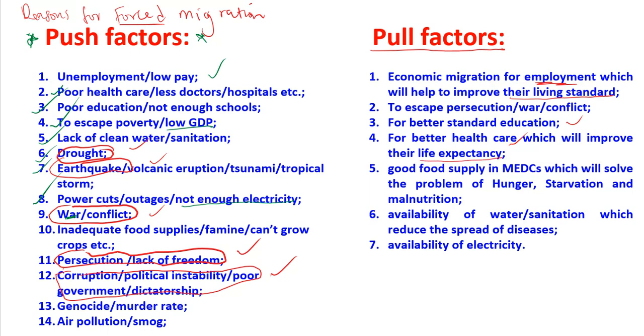We have good food supply in MEDCs, which will solve the problem of hunger, starvation, and malnutrition. There is availability of water, availability of electricity, and good housing systems also, so people tend to move because of these reasons.